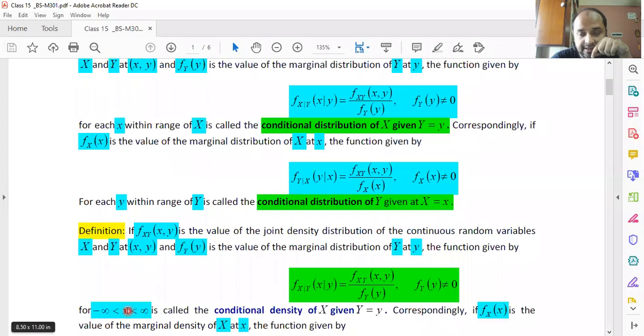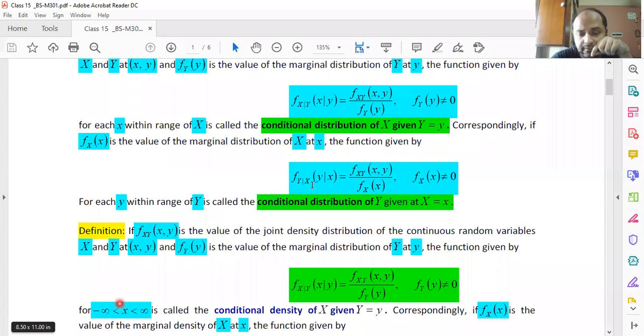But when small x is specified, I am terming this the conditional density of capital X given capital Y equal to small y. So expression-wise, both of them are the same, but their names change depending upon whether you are specifying the domain of the variable capital X or not.